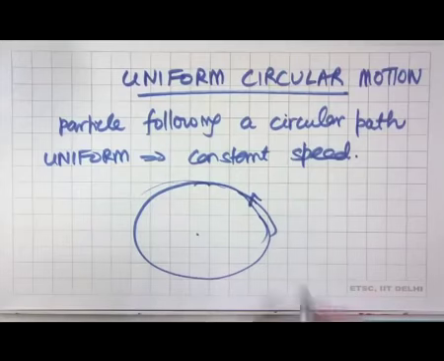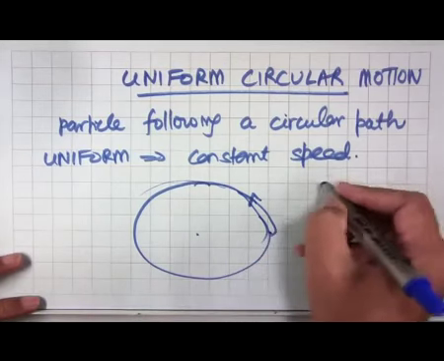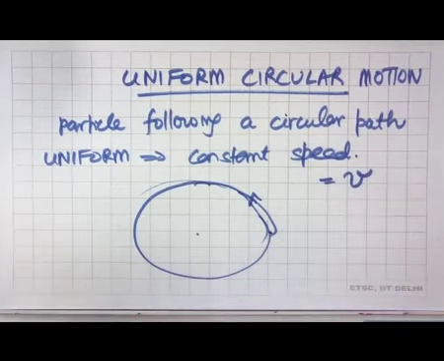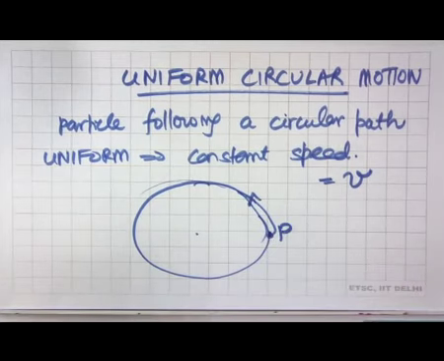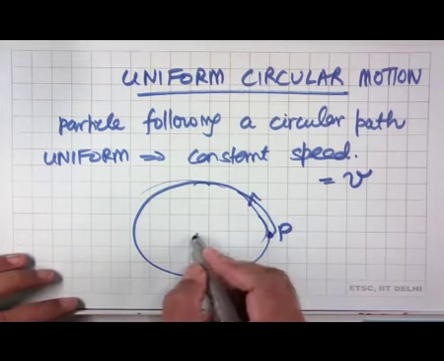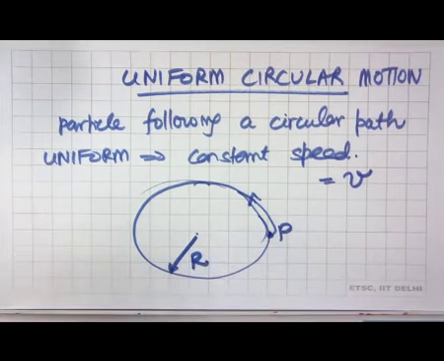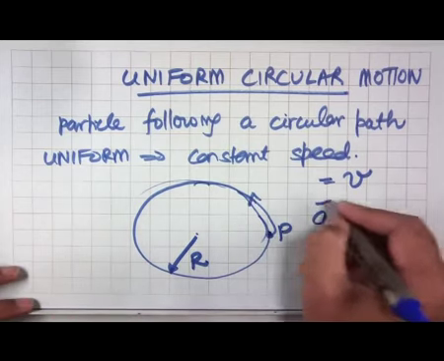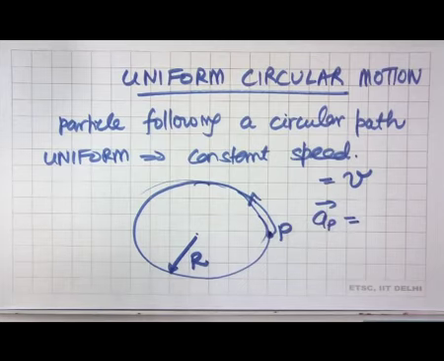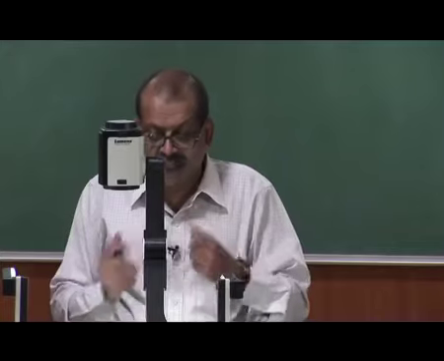So, here now let us say the particle is moving with a constant speed which is given by v. If the particle is at this position p, then from what we have seen, let us first say the radius of this circle is r, then if we look at the acceleration at point p, the speed of the particle is constant, but this does not mean that the acceleration is 0.